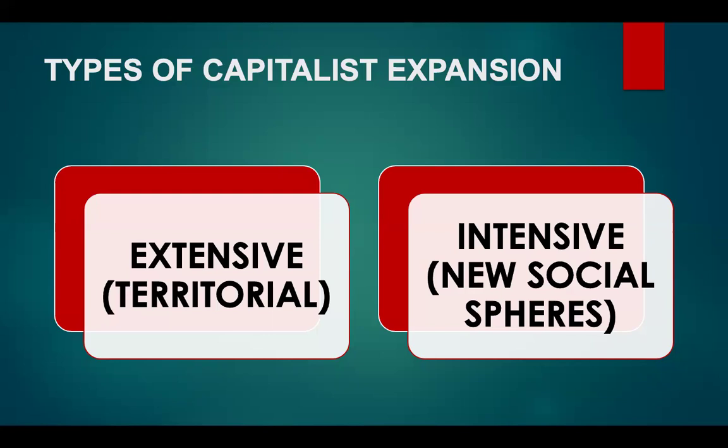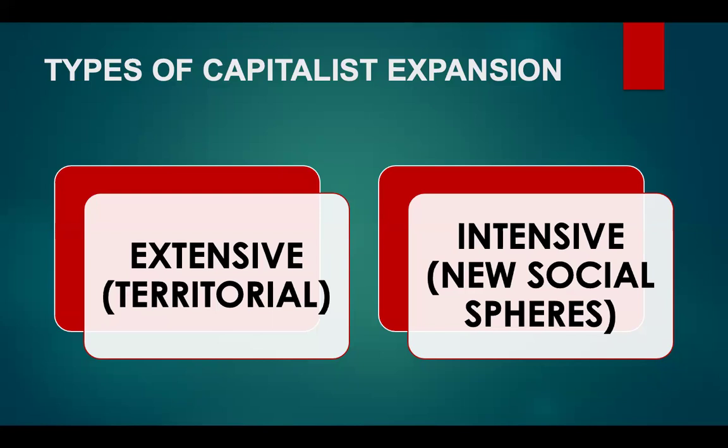So, spatial expansion: capitalism incorporates new lands, markets, and labor forces into its system. European powers expanded capitalism globally through colonial conquest, resource extraction, and trade networks. Also, feudal, subsistence, or indigenous economies were forcibly integrated into global markets.